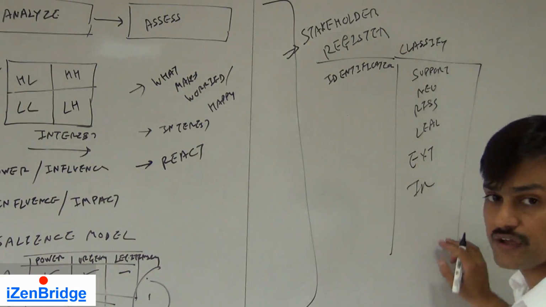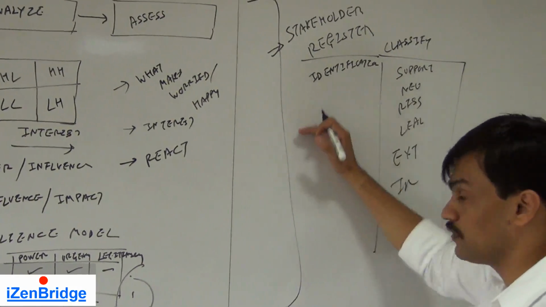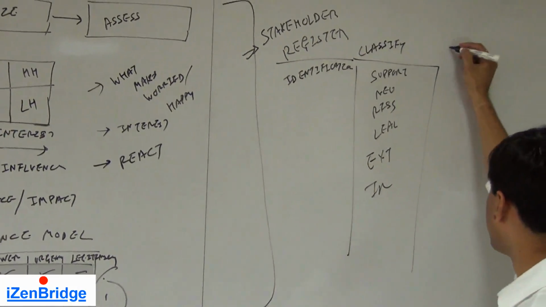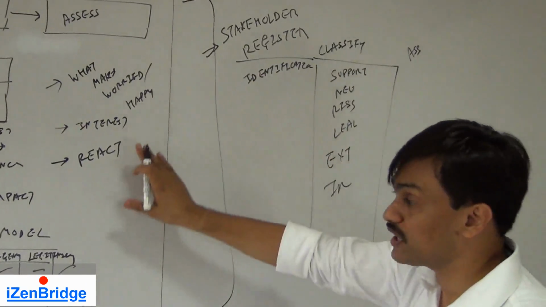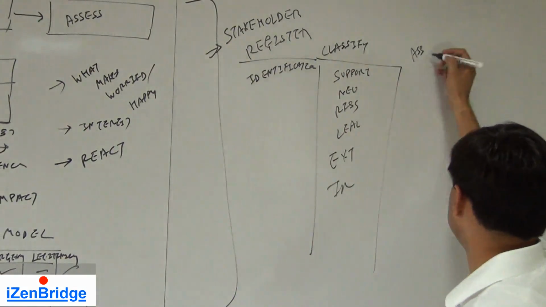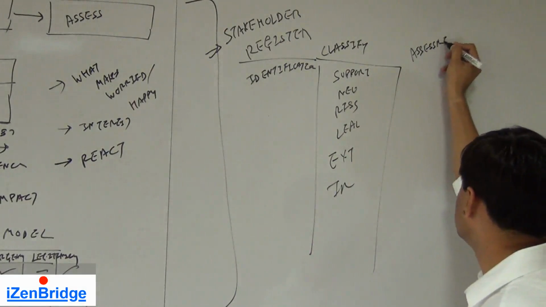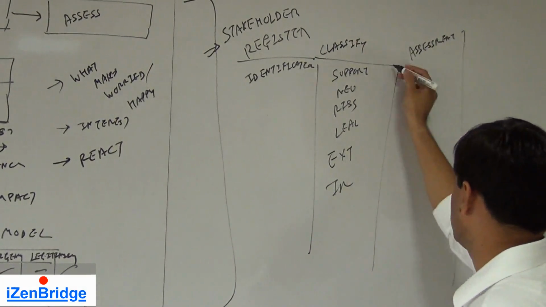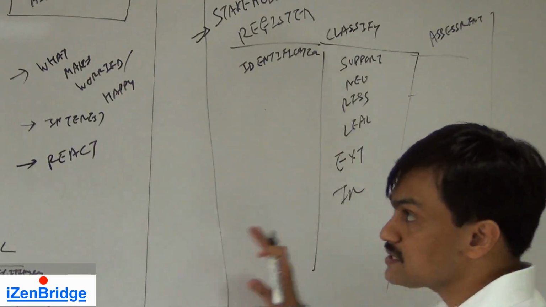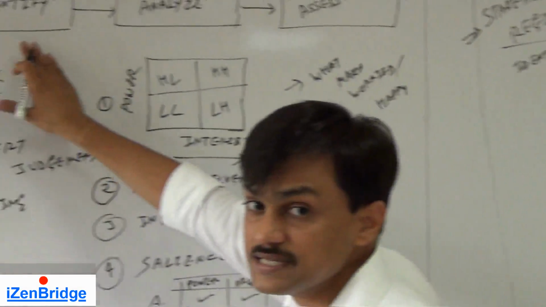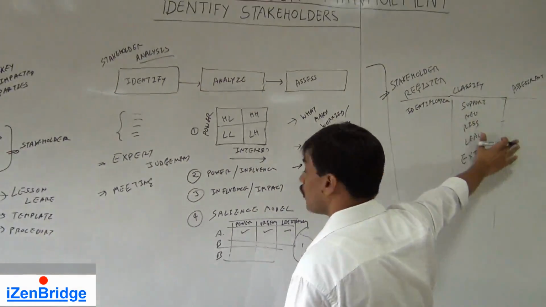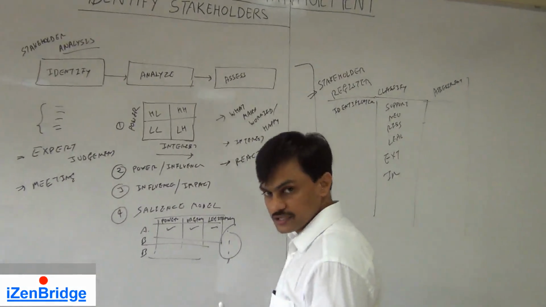So we can make this kind of category or classification for our stakeholders. Then finally, assessment. Whatever assessment we have done, we need to record it in the stakeholder register. So the stakeholder analysis gets stored in the form of a stakeholder register.